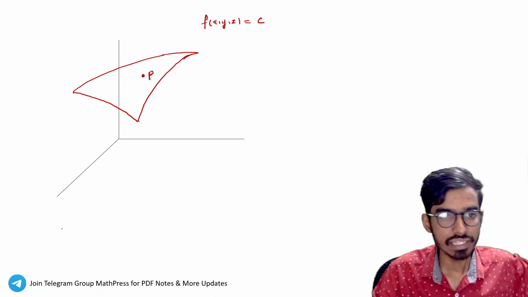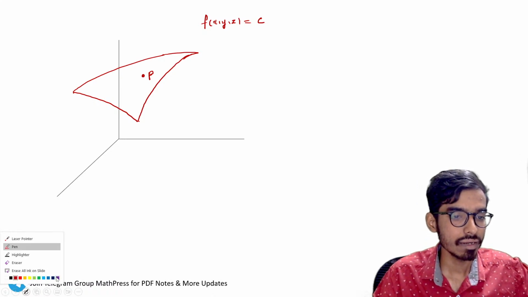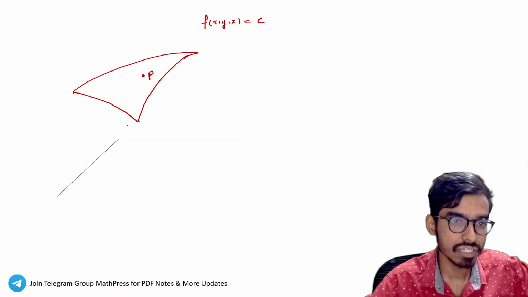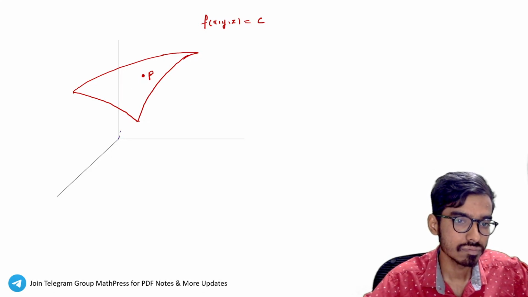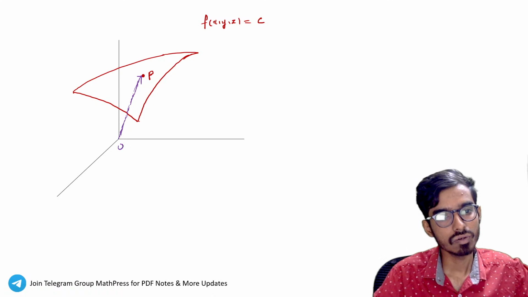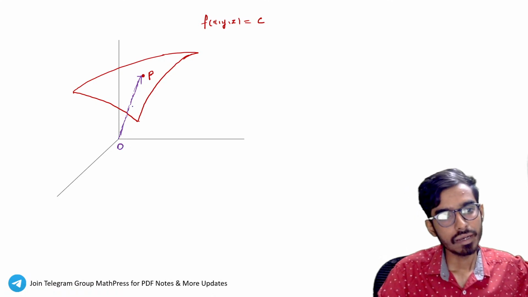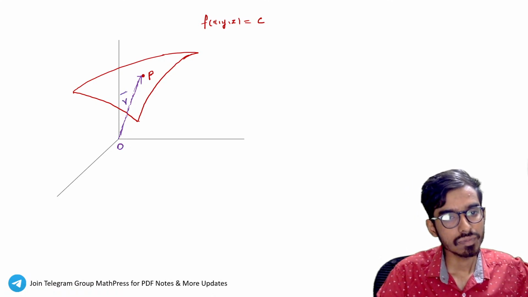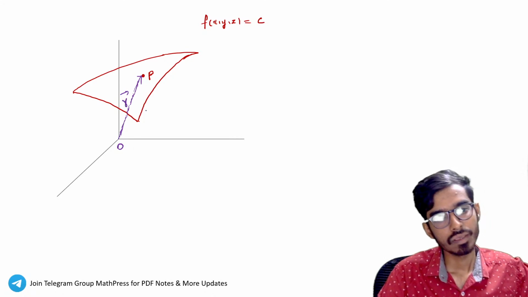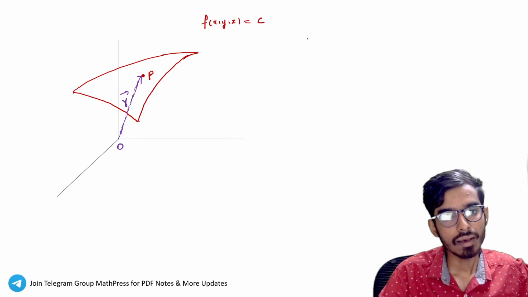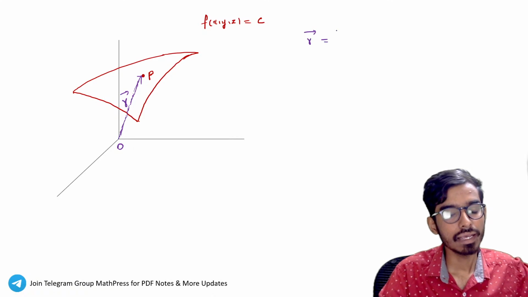Let us draw a position vector to P. This is the position vector OP, let us call it the R vector. Now I am going to write the R vector in parametric form.